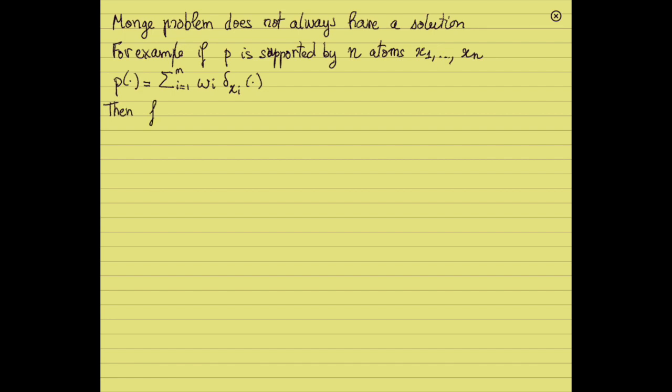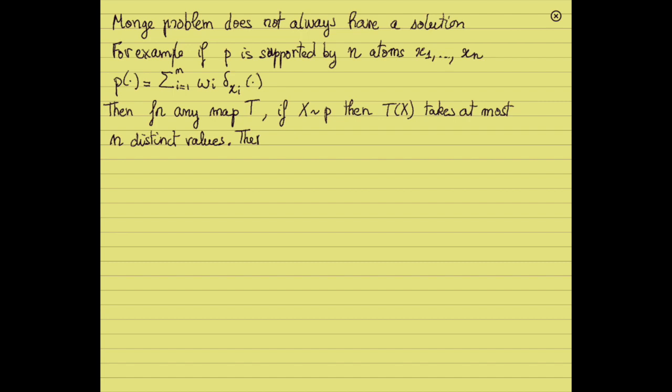Then if we introduce a map T, and x follows P and we apply the map T to x, we can observe at least n distinct values, possibly fewer than that. Could be anywhere between 1 and n values.